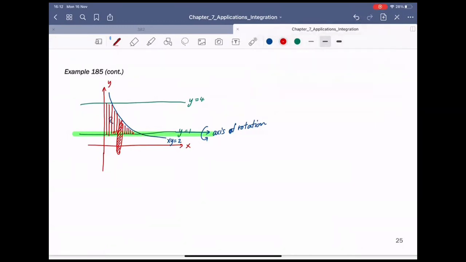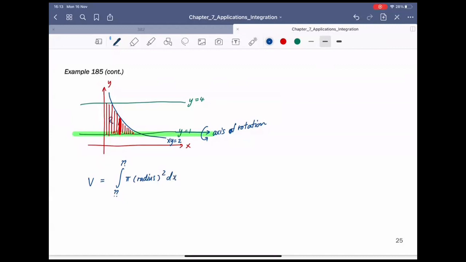Every time you do the cross section, you're going to get the circle, right? So that means your picture will need to have the vertical line here. And then how do we adjust the integral here? You can see V equals the integral from something to something of pi times radius squared.